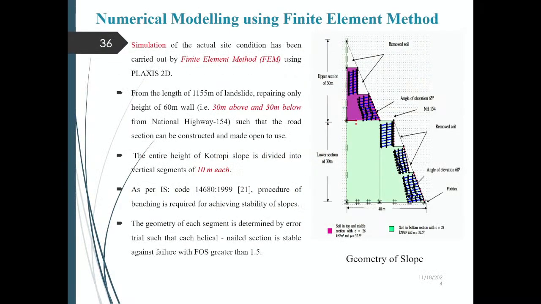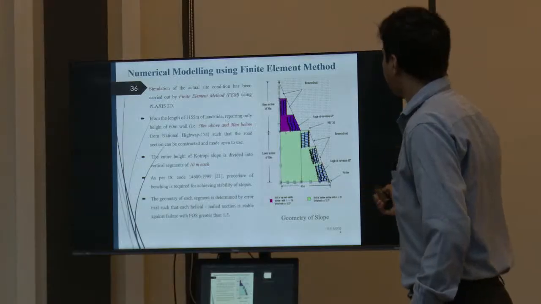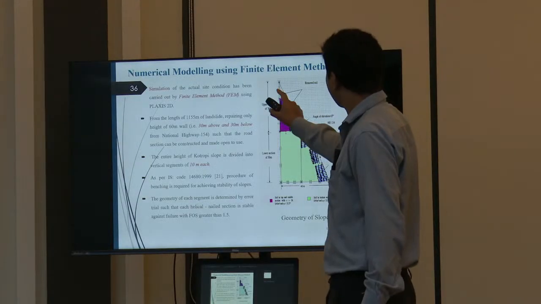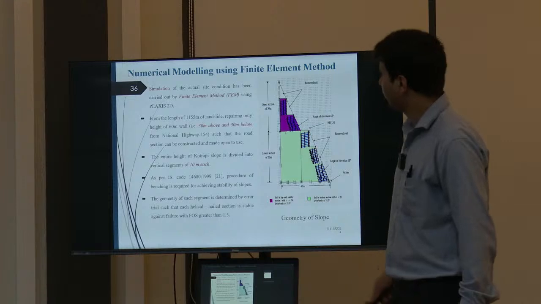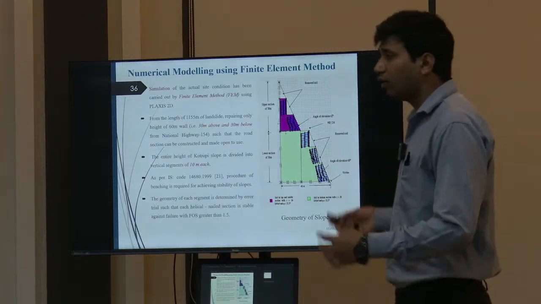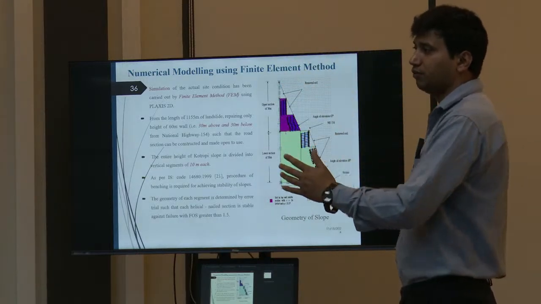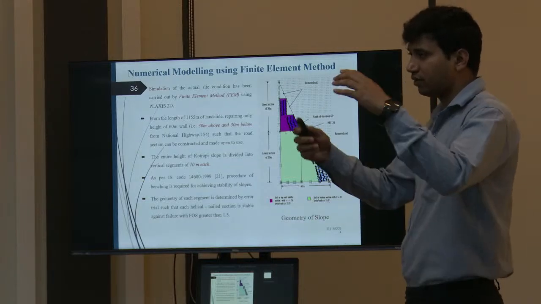So then we proceeded with the FEM analysis using Plaxis 2D. For that we have not considered the whole slope. We picked the strata that is 30 meter above the road and 30 meter below the road. However, the landslide was 1 kilometer long, so we cannot reinforce the whole area.